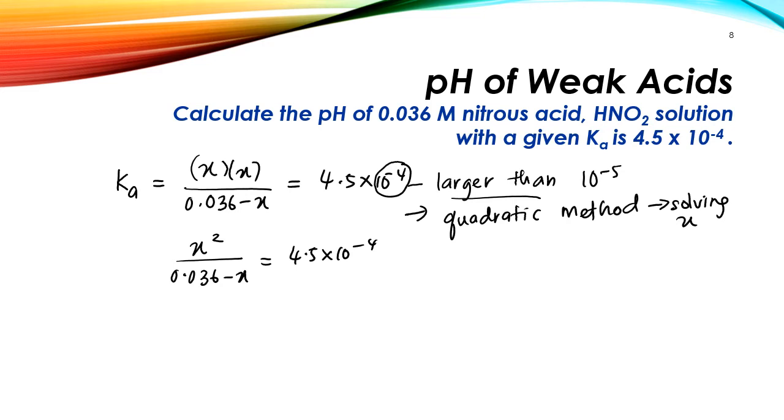So the quadratic obtained is x squared plus 4.5 exponent negative 4 x minus 1.62 exponent negative 5 equals 0.